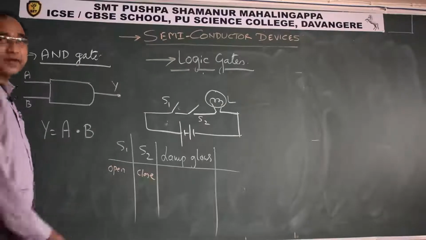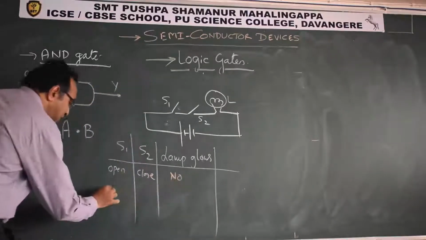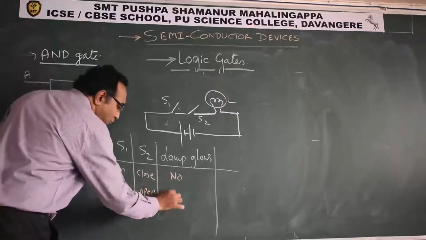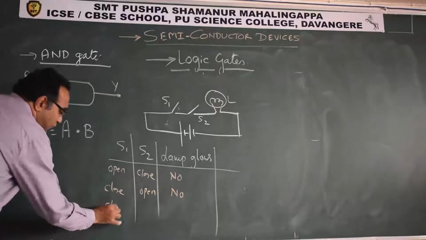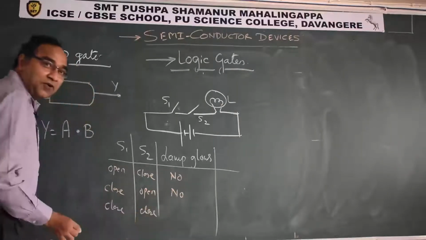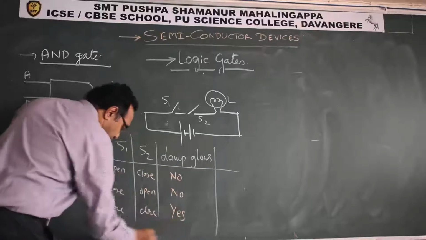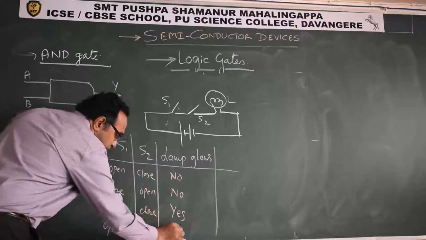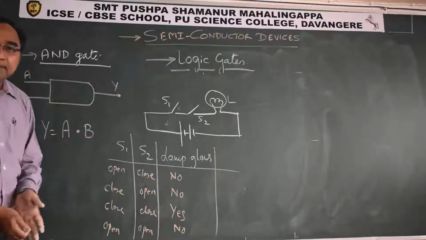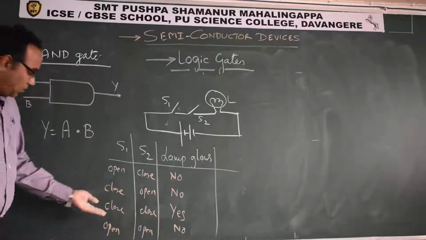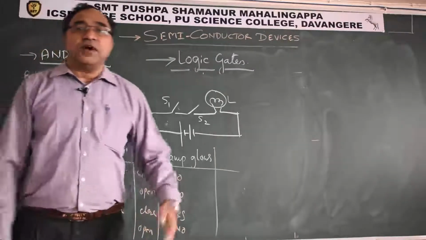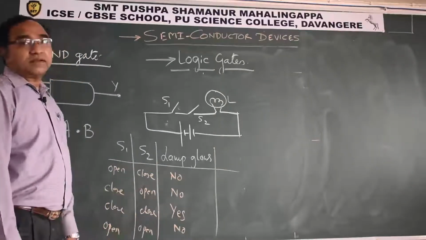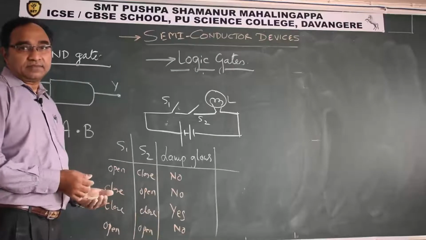Not possible. Circuit is open. No. If this is closed and this is open, will it glow? Again, no. If this is closed, this is closed, will it glow? Yes. If both are open, under no circumstance can it glow. See, what is the condition? If all the inputs are true, then we get output. This is exactly what we have.